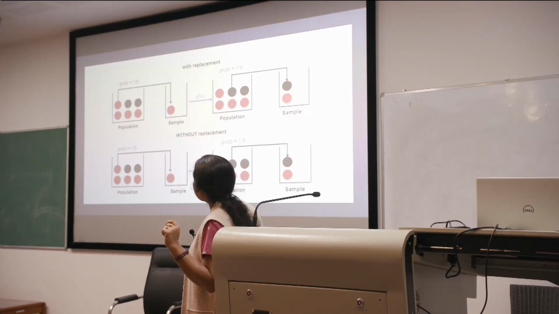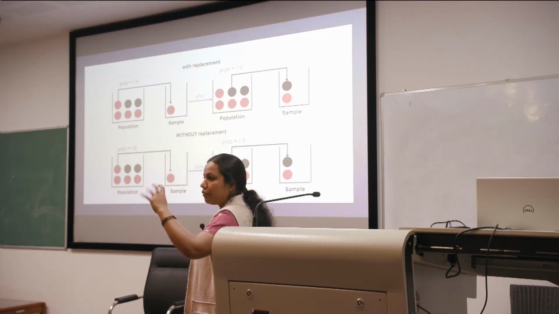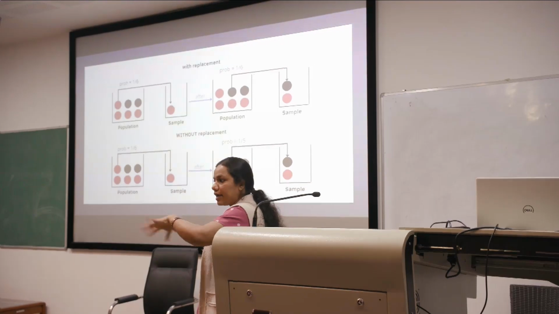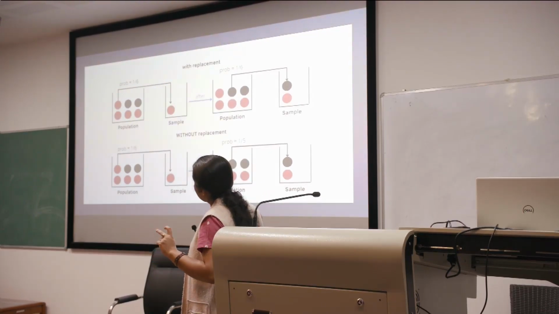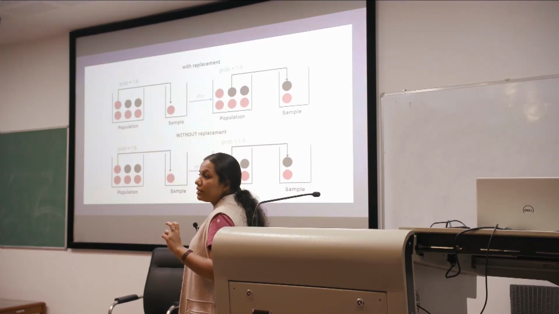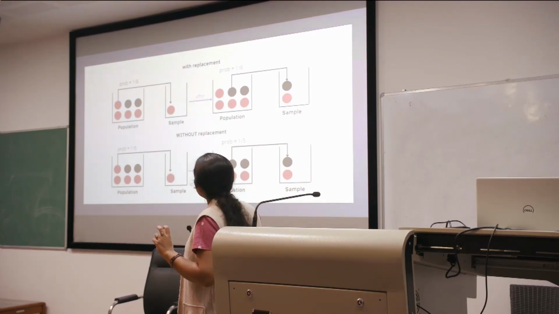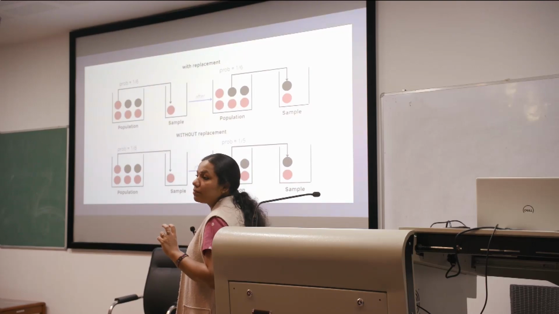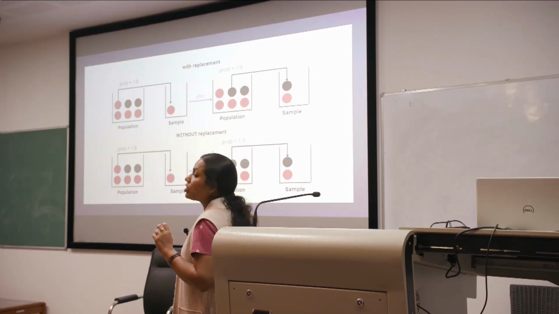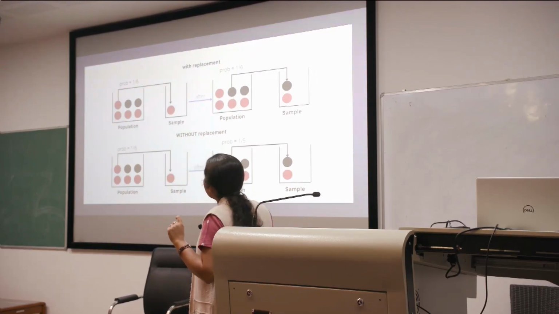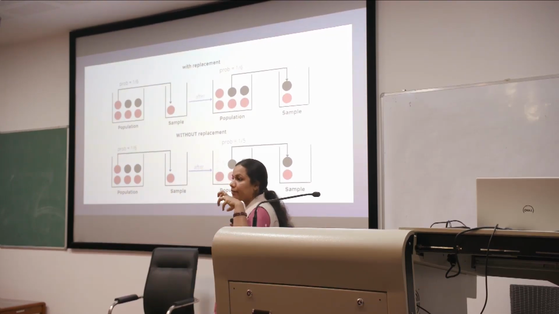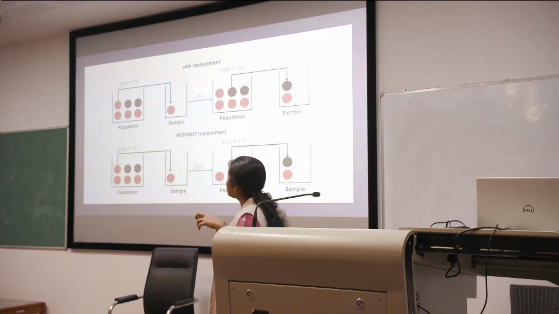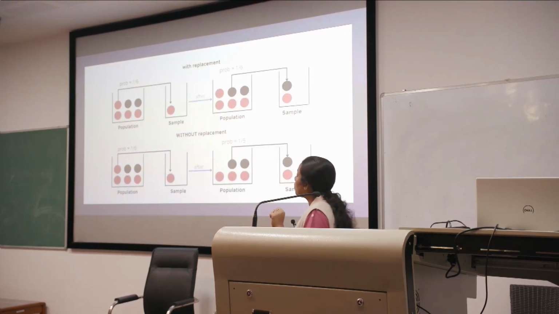Then this is with replacement: after interviewing or taking the data from them, they keep it back. The replacement is happening. Then again the probability of the second ball is the same, 1 by 6, because the total number is not changing. But the problem here is there is a chance of picking the same ball again. So this is called with replacement random sampling.